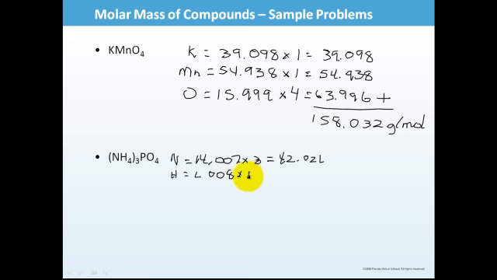So 4 times 3, we actually have 12 hydrogens total. So 1.008 times 12 gives us a total there of 12.096. And that's our hydrogen.